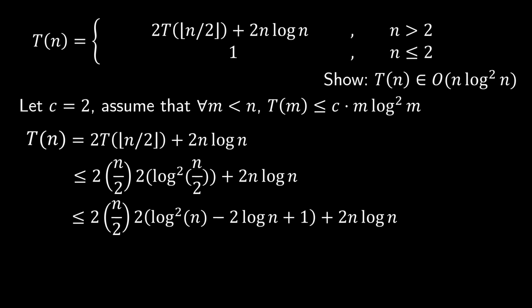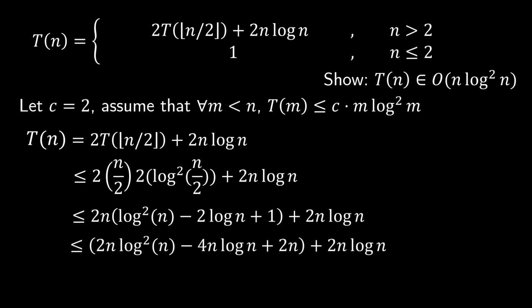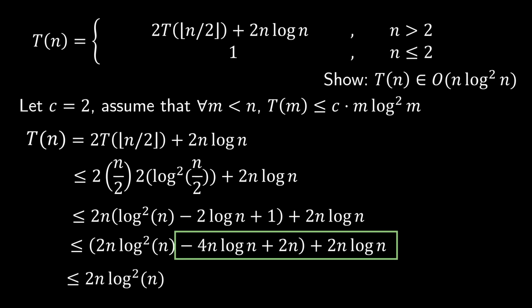Okay, so let me resolve the terms on the outside as well. So 2 times n over 2 times 2 is basically just 2n. Okay, then I'm going to distribute the terms. So 2n distributed across the entire parenthesized portion just gives me 2n times log squared n minus 4n log n plus 2n. Okay, so let's look at the last three terms. Well, minus 4n log n plus 2n plus 2n log n is actually negative, right?